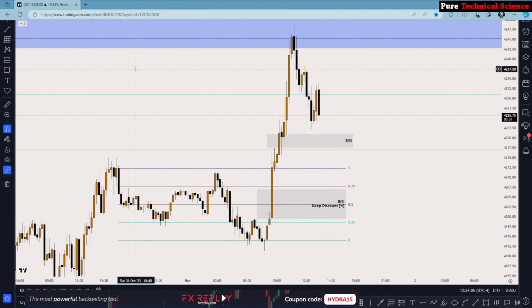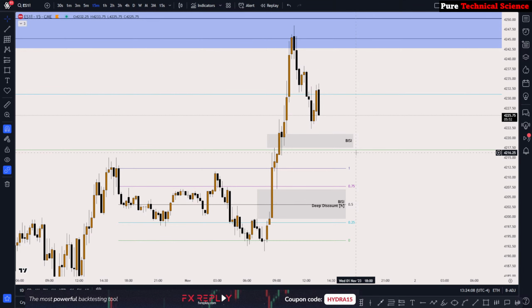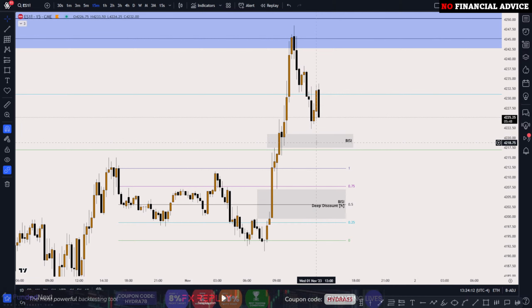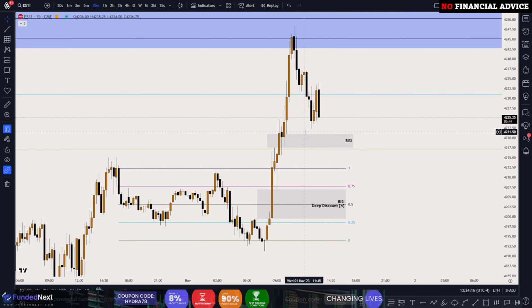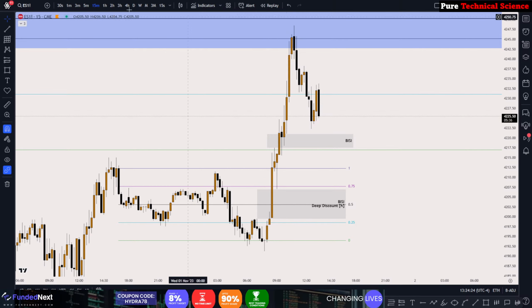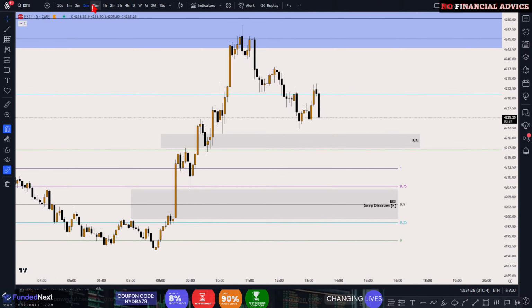Do you guys see the logic, how I'm building the narrative, why price should do this over other things, why price should come here, right? I'm building the bias. That's why most of you find it hard to build bias, and I'm helping you with that every day.